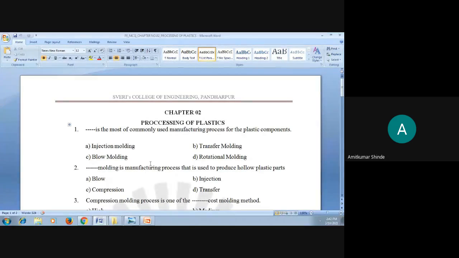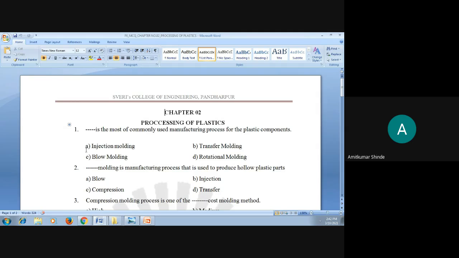The first question is: which process, out of the following, is the most commonly used for manufacturing plastic components? Most widely used process for manufacturing of plastic components. If you know the answer, you can enter it in the chat box. Okay, I will provide you the answer.